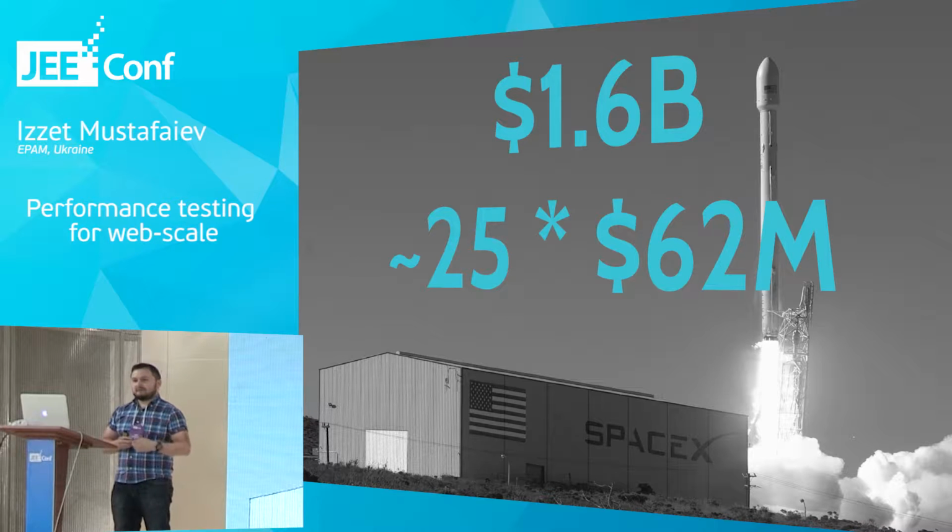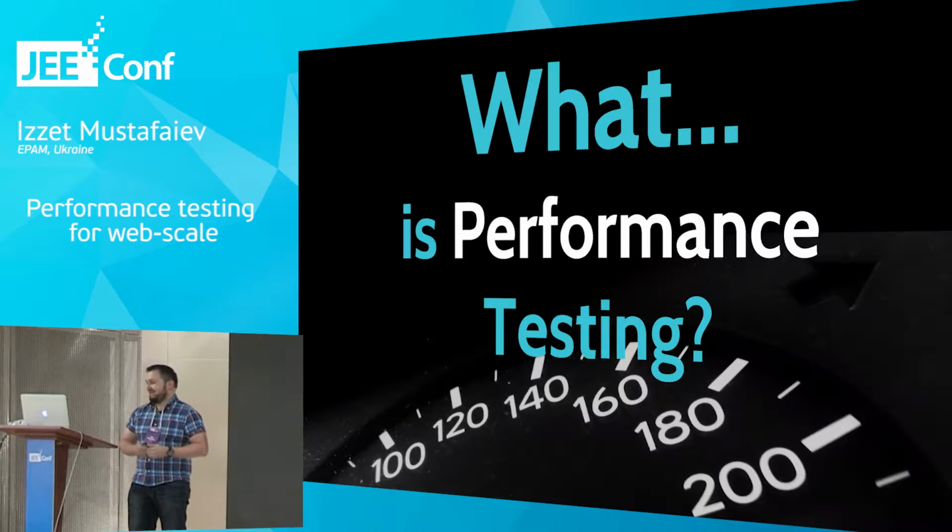There is the Falcon 9 rocket, and to rent this rocket for one launch costs about $62 million. For such an amount of money, we could rent this rocket 25 times, going to space 25 times. Pretty huge. Okay, now I believe you know why we need to care about performance testing.